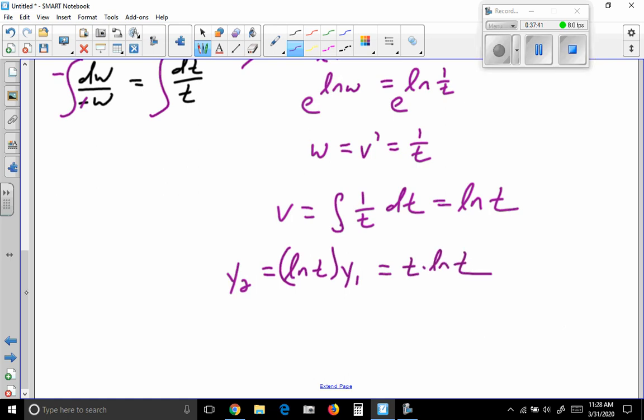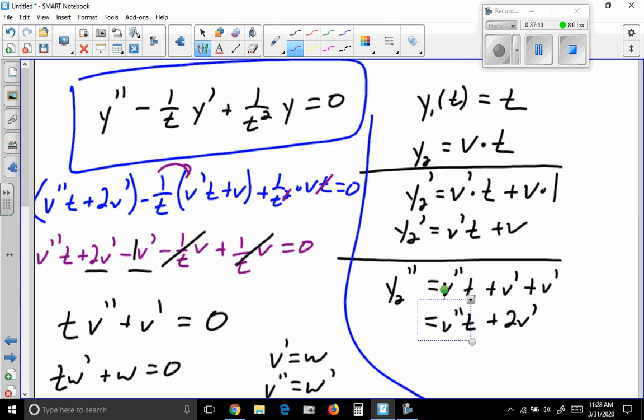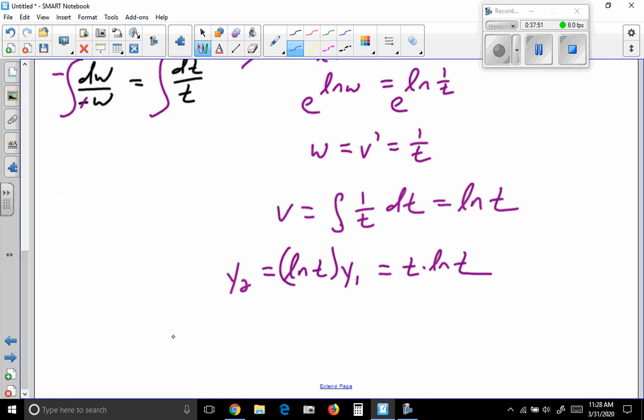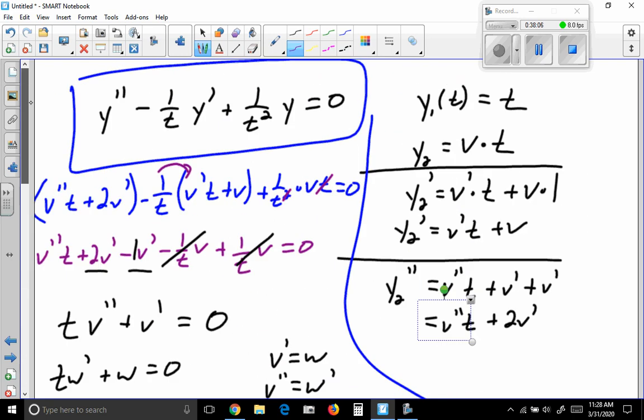Now, if we go back and look at our equation, if we multiplied everything by t squared, we could have converted that into a Cauchy-Euler. We would have had t squared y double prime minus t y prime plus y equals 0, if I remember that correctly.